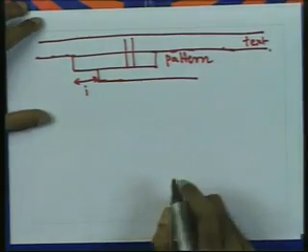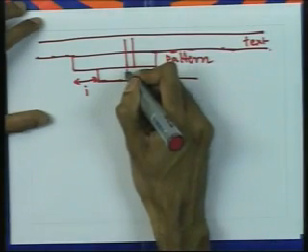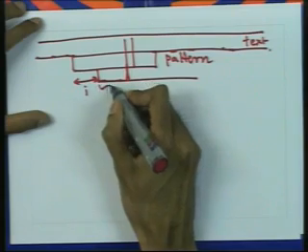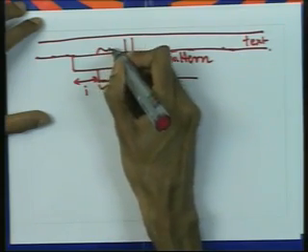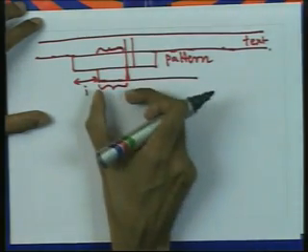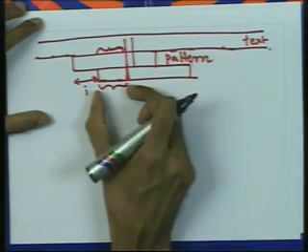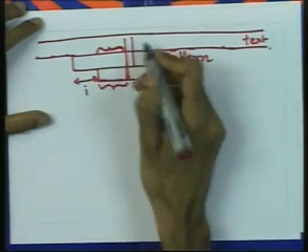What does this mean? This means that this portion must match this portion. This portion, which is a prefix of the pattern, must match the suffix of this portion of the pattern.